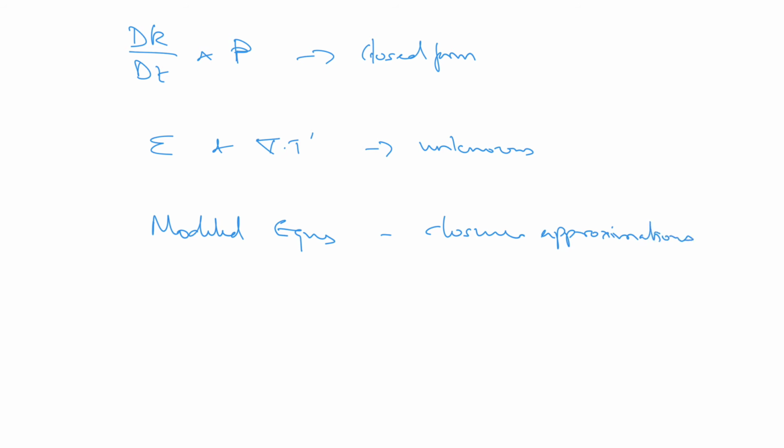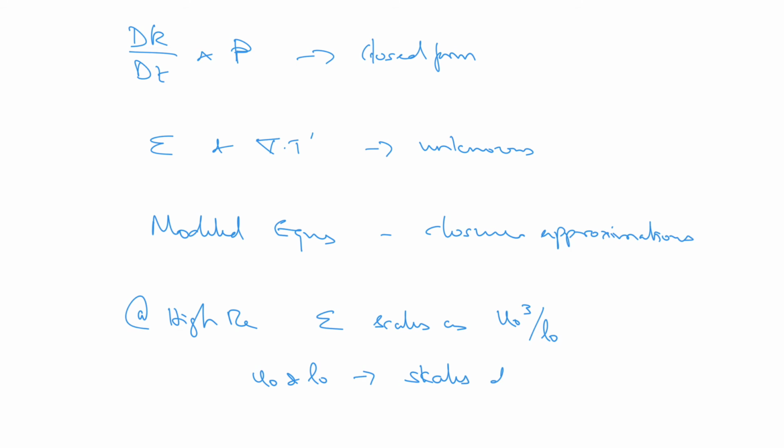We also should note that at high Reynolds numbers, this dissipation epsilon scales as u naught power 3 by L naught, wherein this u naught and L naught are the scales of energy containing motions.